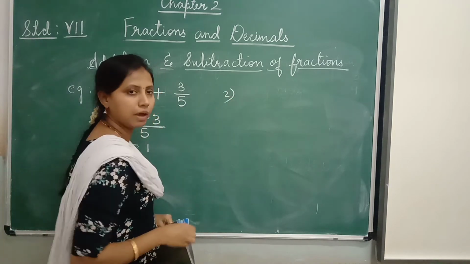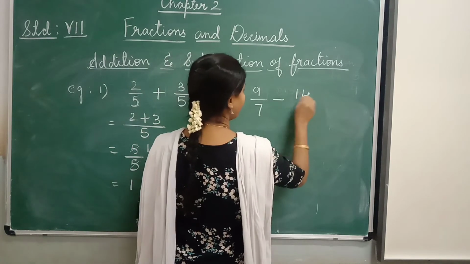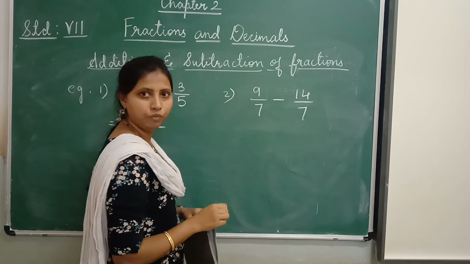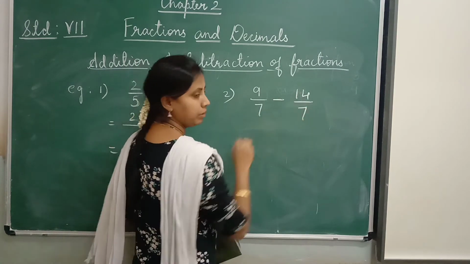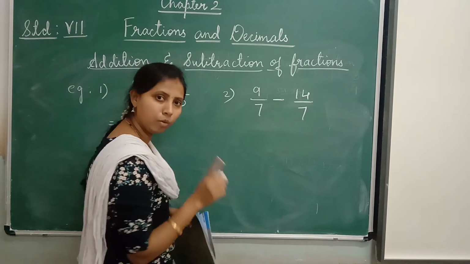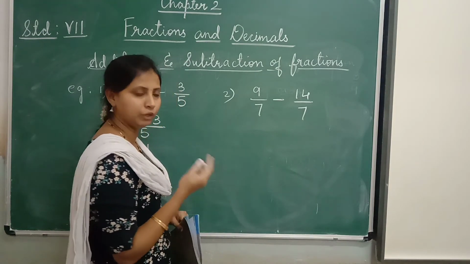Understood? Let's take one more example: 9 by 7 minus 14 by 7. These are the two fractions. Here also you can see the denominators are the same. When denominators are the same, you can directly subtract or add the numerators.